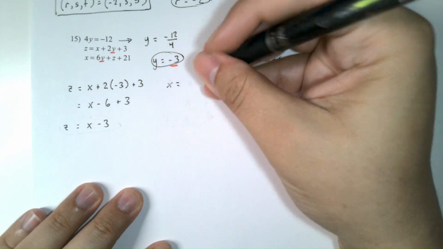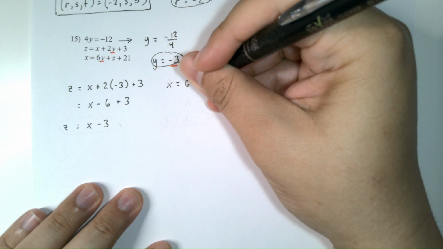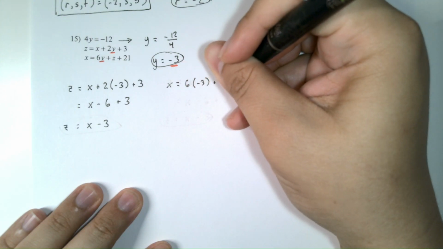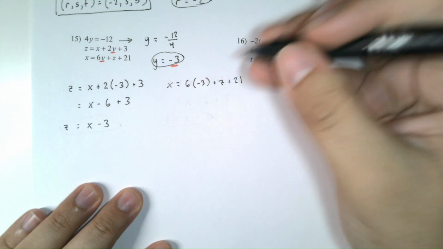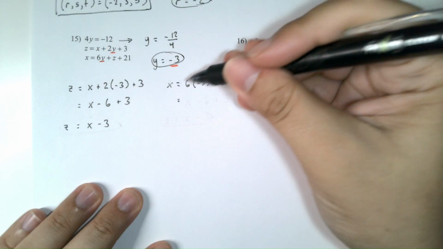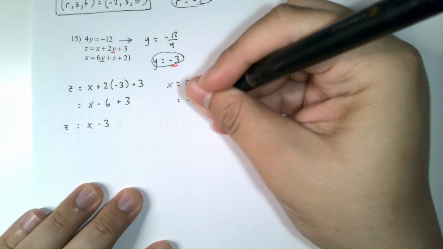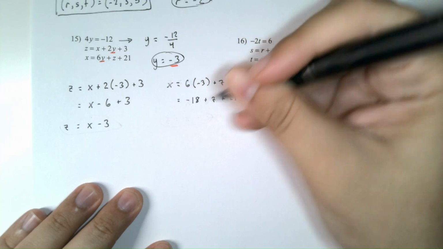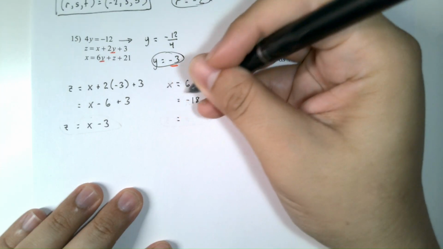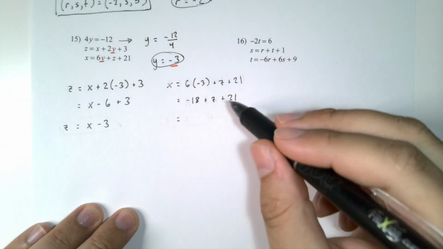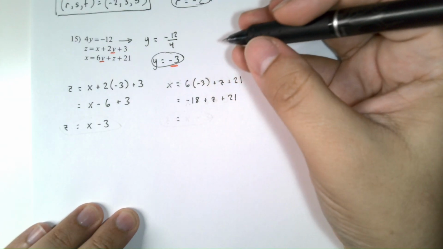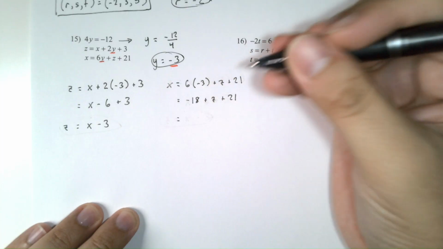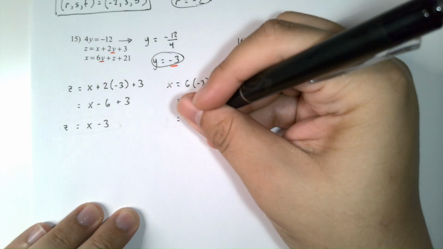That's going to give us x is equal to 6 times negative 3 plus z plus 21. If we multiply 6 times negative 3, that's going to be negative 18 plus z plus 21. And if we go ahead and combine the negative 18 and the 21, that's just going to be 3 plus z.